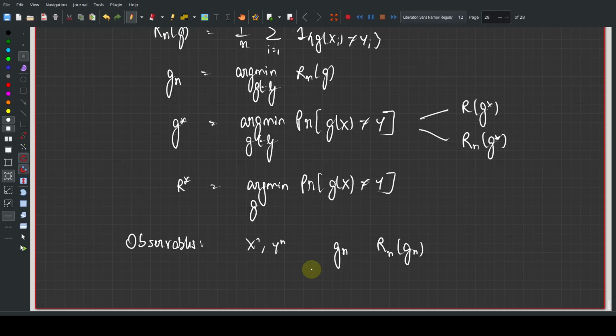Now if I observe a new sample, how do you think I could quantify how well the classifier performs? Essentially, how well it performs on a test sample. Correct. So R of Gn would basically give me the performance on a new test sample.